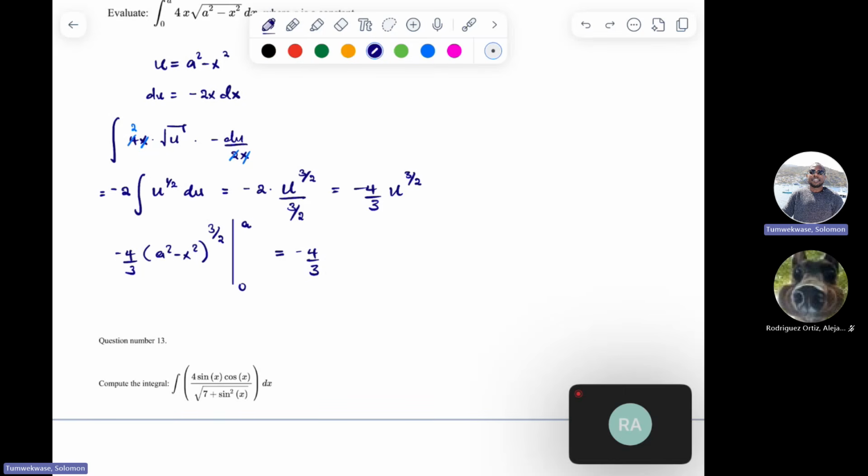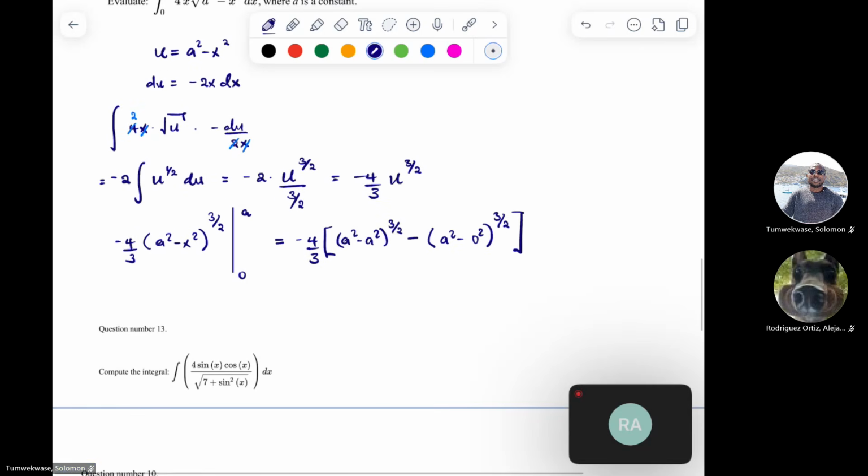Just for context, let me write that. So this is a squared minus a squared to the power 3 over 2. Then minus, substitute the lower limit, which is 0. So this will be a squared minus 0 squared, then to the power 3 over 2.